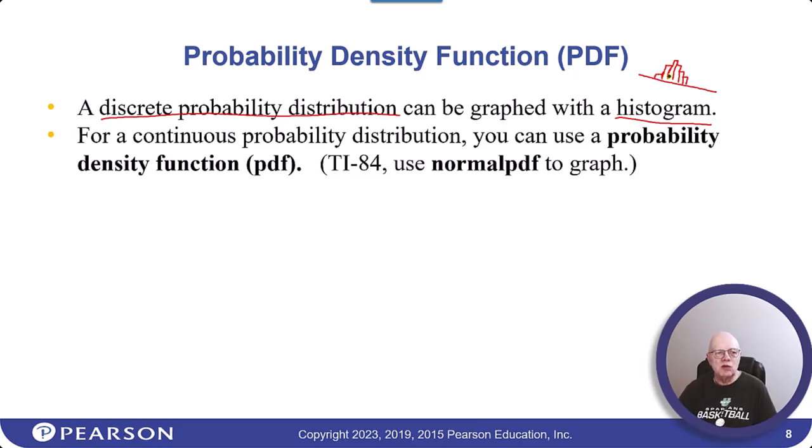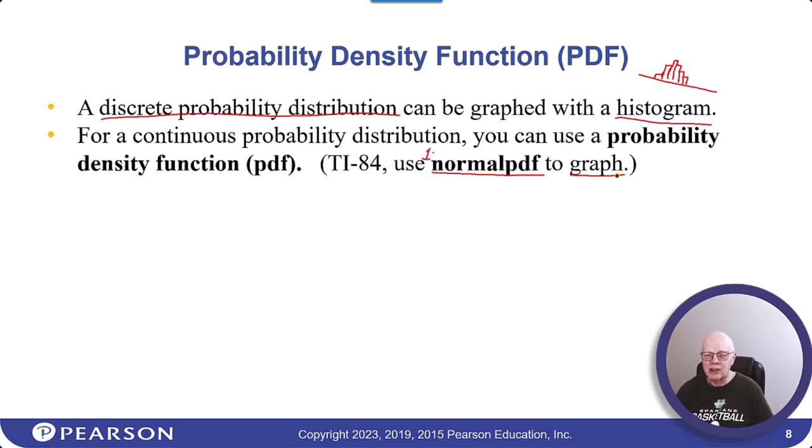If you did, for some reason, want to graph those, you could use a function called normal PDF. However, even though on that particular menu that we'll talk about soon, this is actually the first option at the top, 1, normal PDF, you only use that normal PDF for graphing.